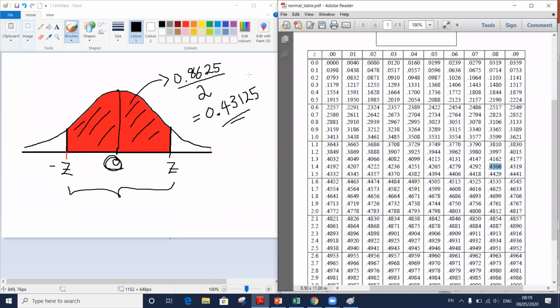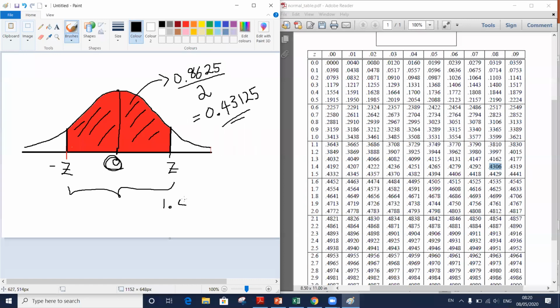In situations like this, it lies exactly halfway, so it is okay if you have considered either 1.48 or 1.49. I will consider 1.48. It means the z value here should be 1.48.